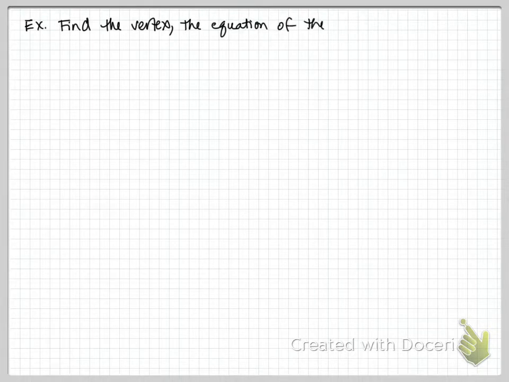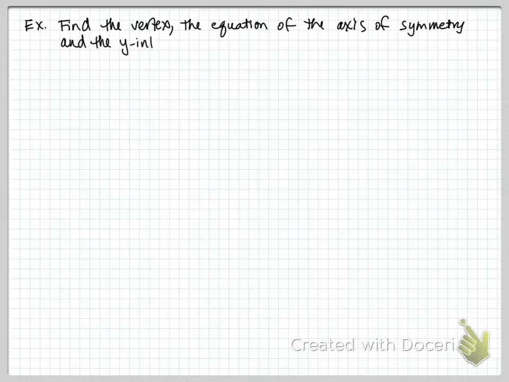It's going to ask us from a graph, we're going to find the vertex, the equation of the axis of symmetry, and the y-intercept of the graph. Now I'm going to pause this and do the graph, get it right, and then come back.